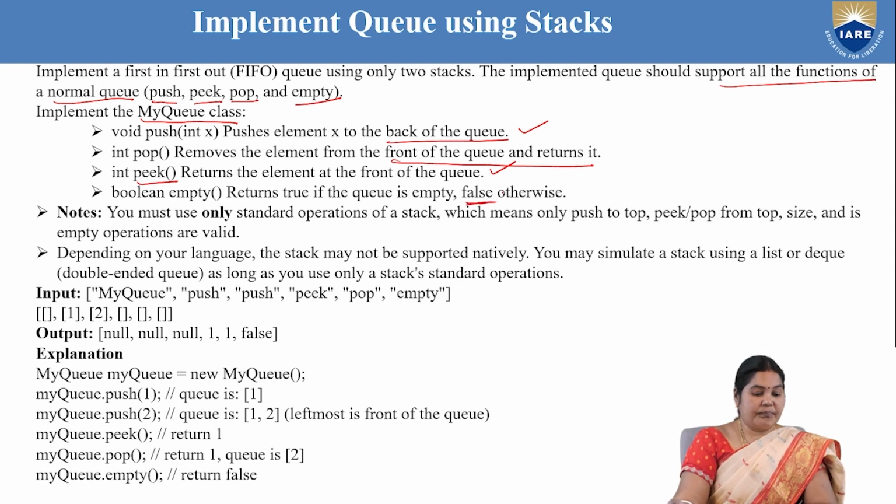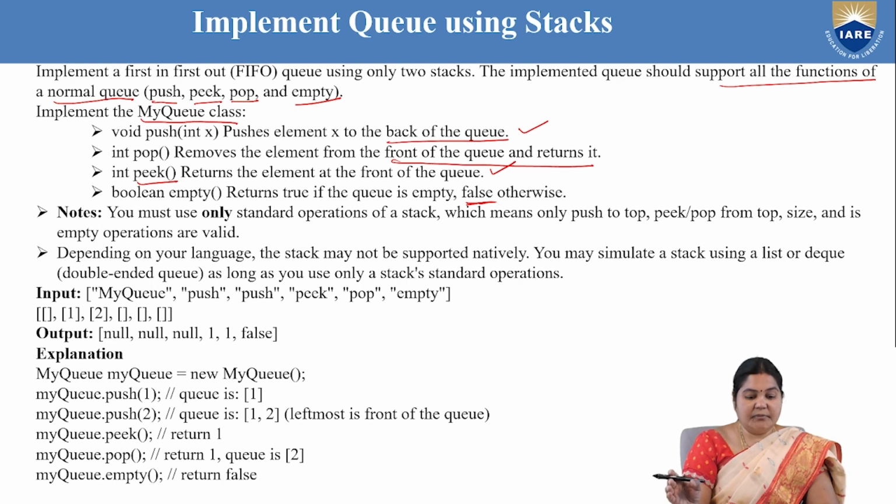Okay, now there is a note over here. You must use only standard operations of a stack, which means only push to top, peek or pop from top, size, and empty operations are valid. That means you have to use only the basic operations of a stack to implement a queue.